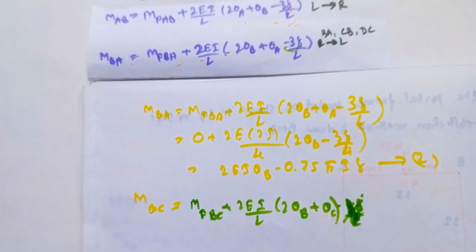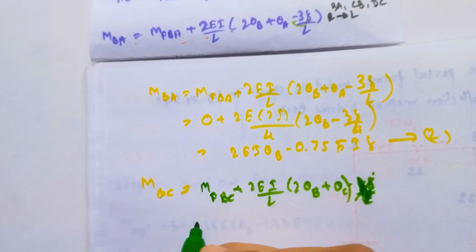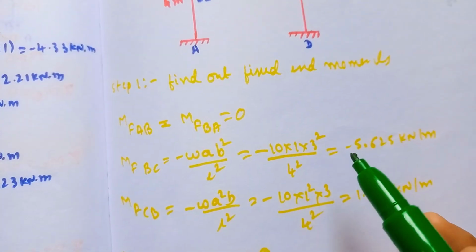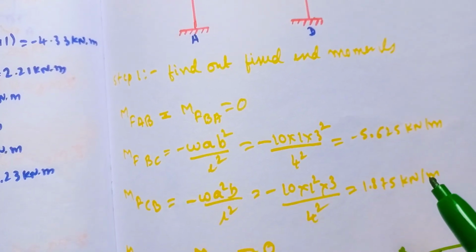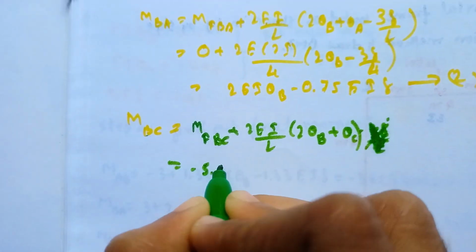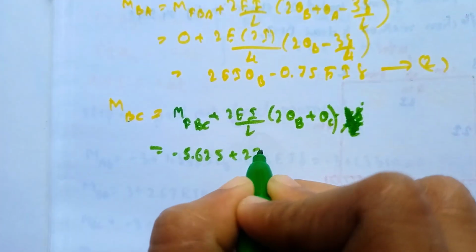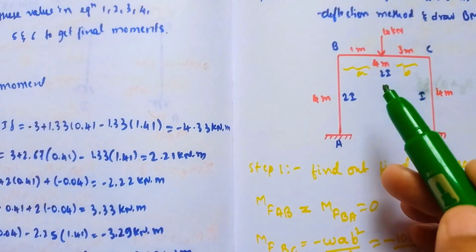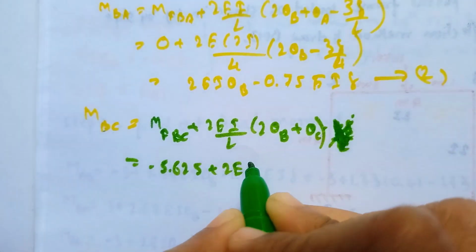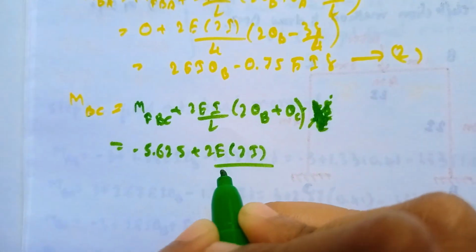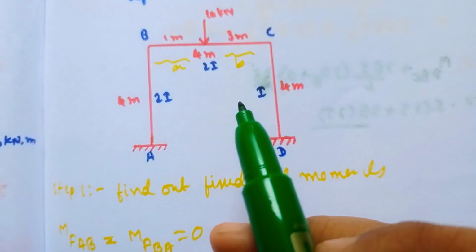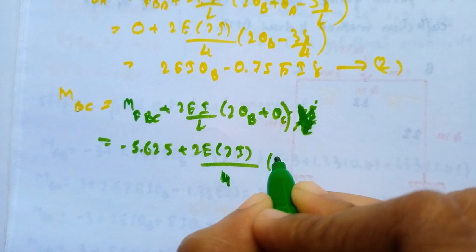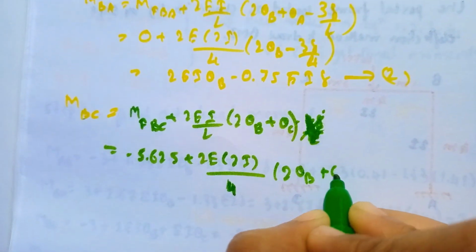Now simplify and substitute all the values. The MFBC value we got was minus 5.625. So put this value: minus 5.625 plus 2 into EI, where the value for span BC is 2I, 2I divided by the length of span BC, which is 4 meters. 2 into theta B has some value, keep it as it is.